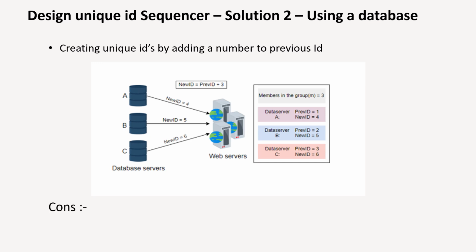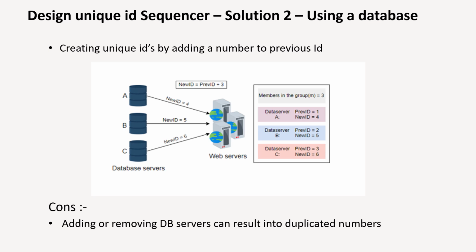But here also there is a problem, right? Right now we can see in our diagram, we have three database servers. So we are adding three to the previous ID for each server, right? But in case we want to add new servers, or the server goes down, adding or removing servers may result in duplicate numbers, right?